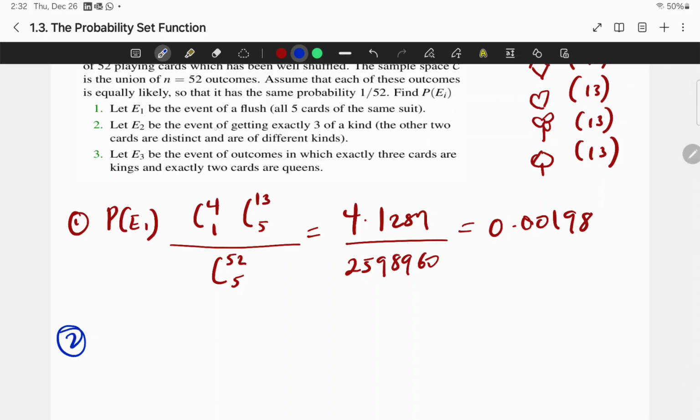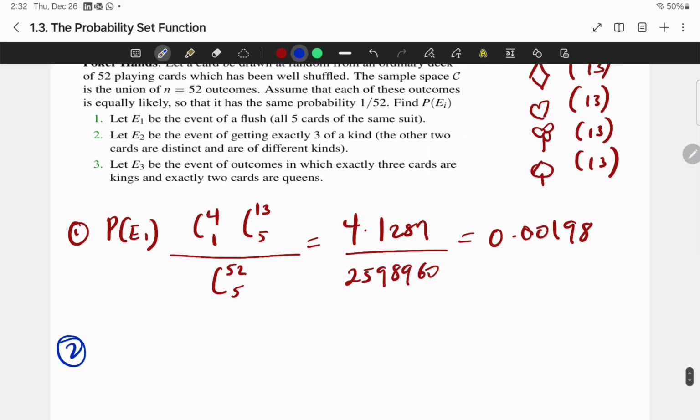Question 2: let E2 be the event of getting exactly 3 of a kind. So we pick the first kind, and don't forget we have 13 kinds, so we pick 1 out of these.